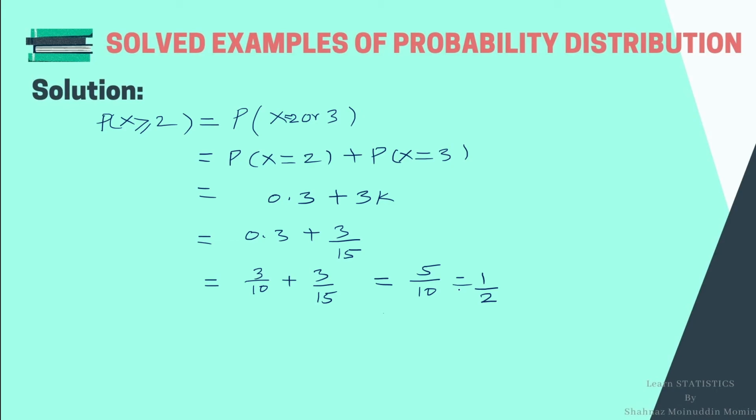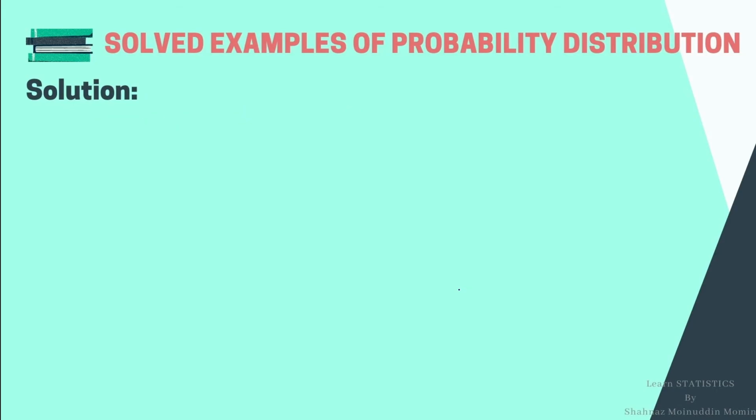Now we shall calculate the probability of x lies between -2 to +2. Probability -2 less than or equal to x less than or equal to 2. Here x will take values from -2 to +2.